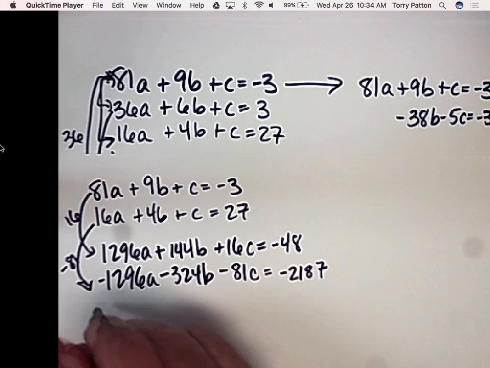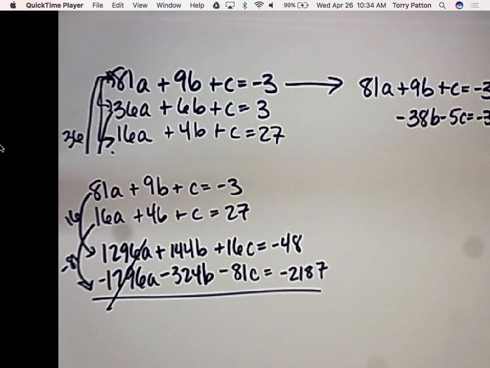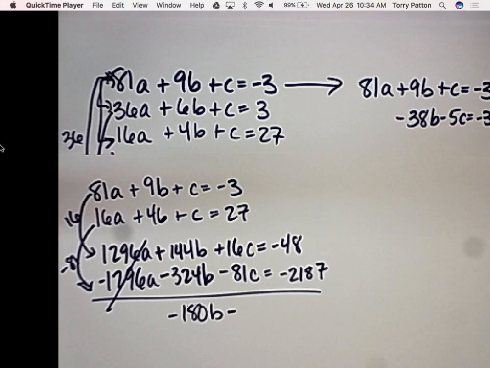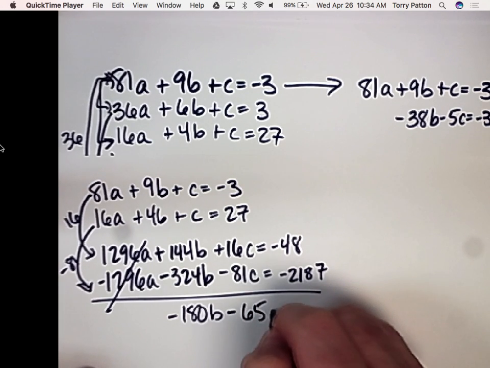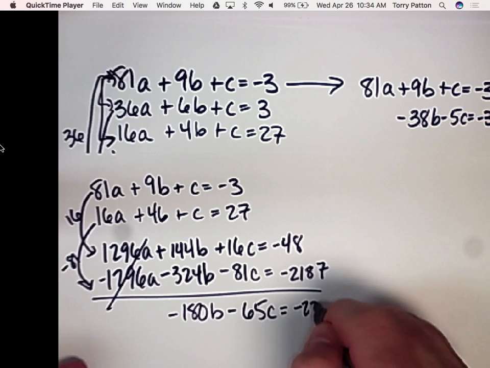Okay, if you add those, you get negative 180b minus 65c equals negative 2235.